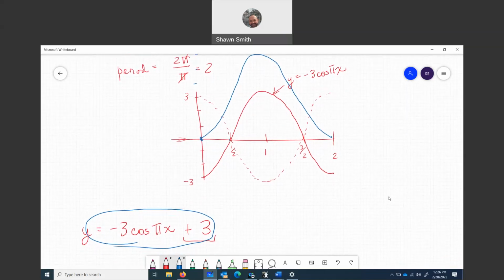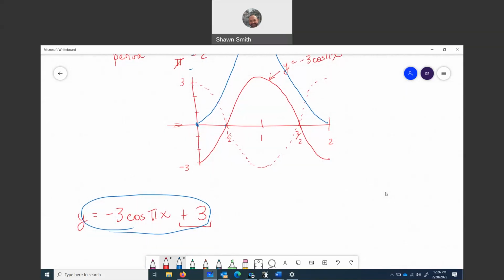So it changes my range, right? So the +3 shifts 3 units up. So the range went from -3 to +3, now to 0 to 6.